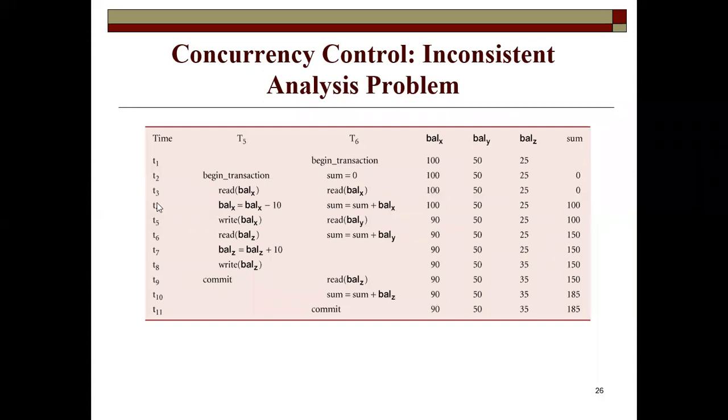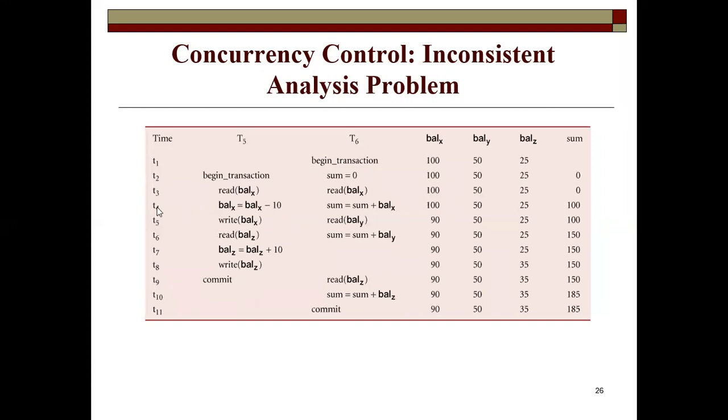At T3, we read the balance of X, and since no updates have been done, we have the value of 100. T6, transaction 6, also reads the balance of X, which is 100 at that point. No updates have been made to any account, and therefore the balances of Y and Z are still at 50 and 25 respectively, and the sum is still at 0.